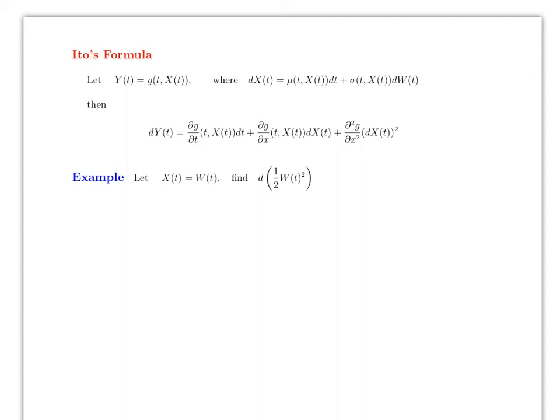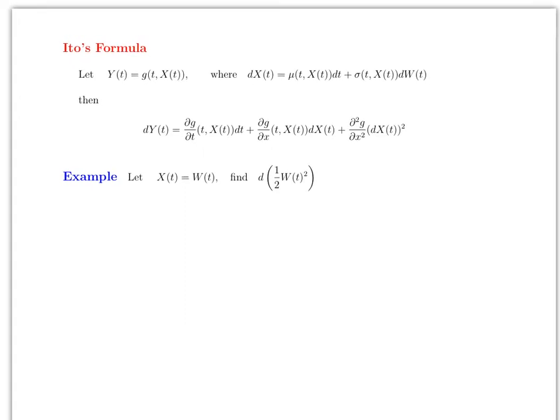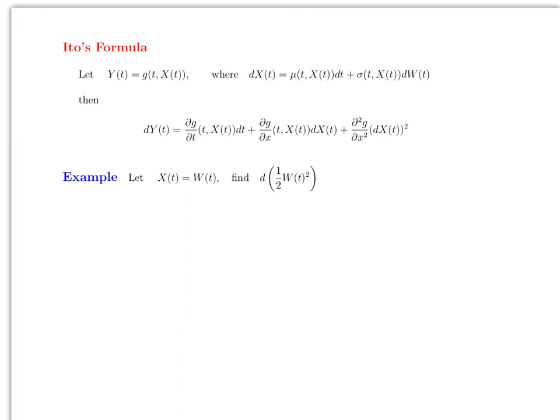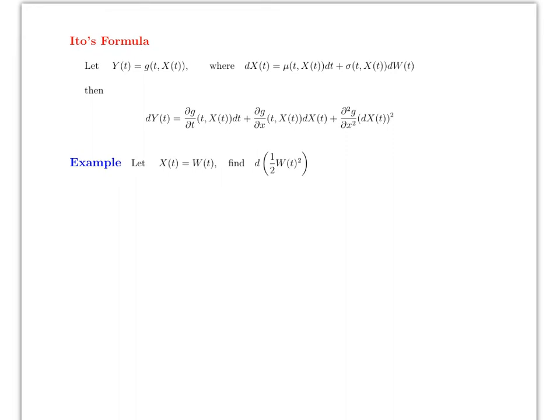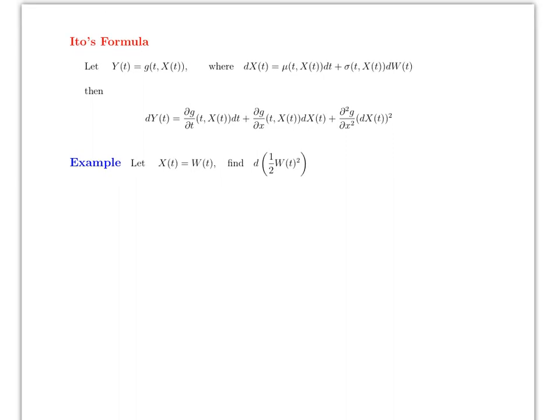Remember that Brownian motion is not differentiable anywhere, but this formula will allow you to still take derivatives in the stochastic sense. So this is how you do this.